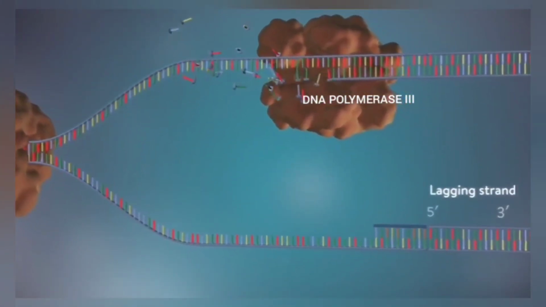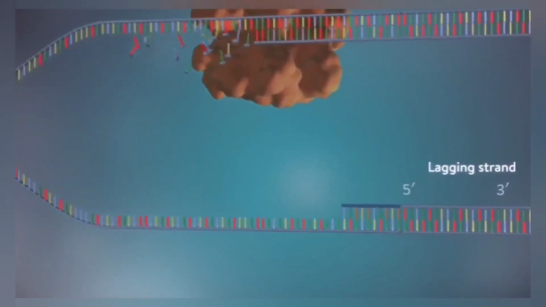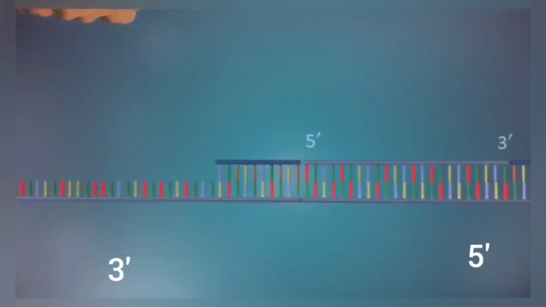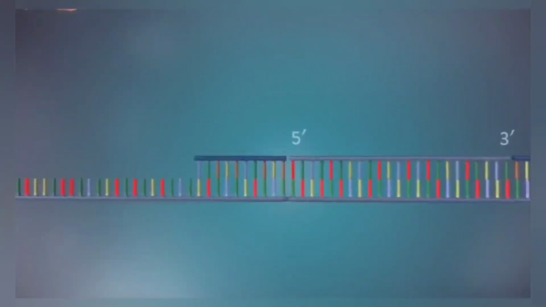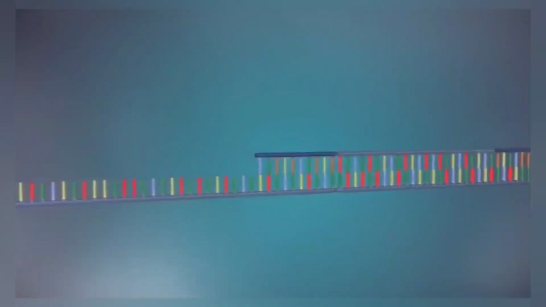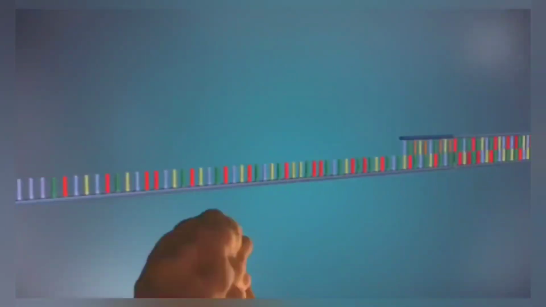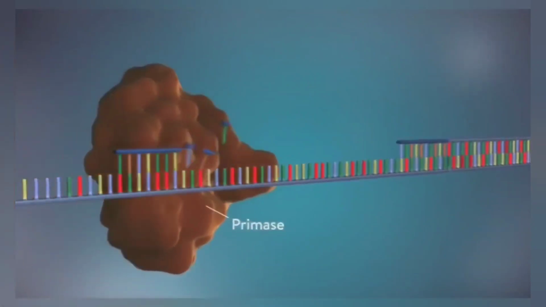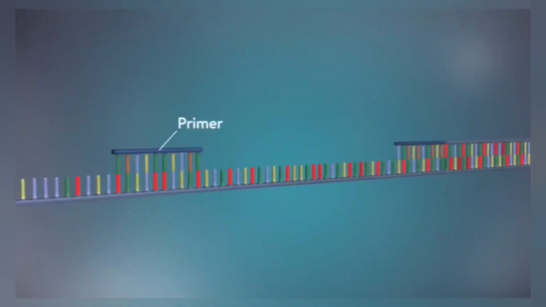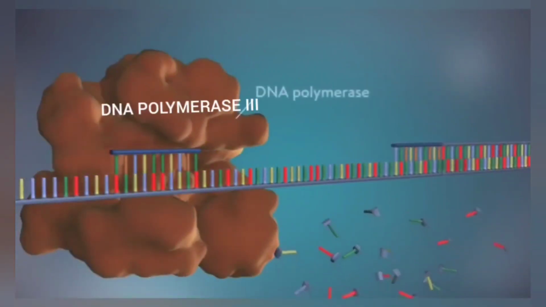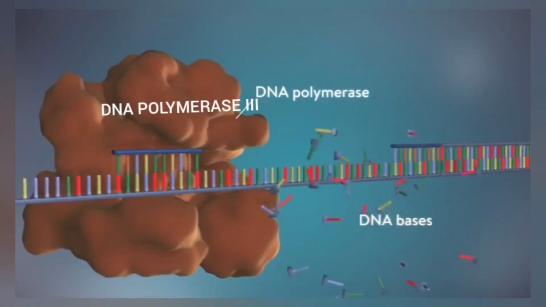Now see the other template strand which has direction 5' to 3'. Now here what happens? As the replicating fork progresses, a small primer is formed every time, followed by a small segment of DNA. So here primase forms a small primer molecule, roughly around 10 nucleotides, and then DNA polymerase III synthesizes a small segment of DNA.